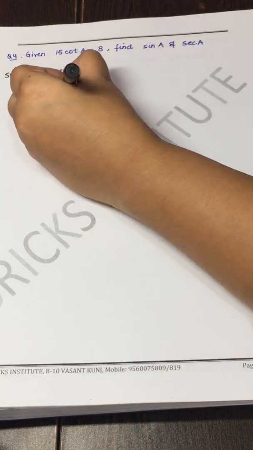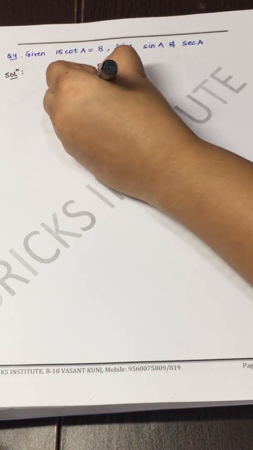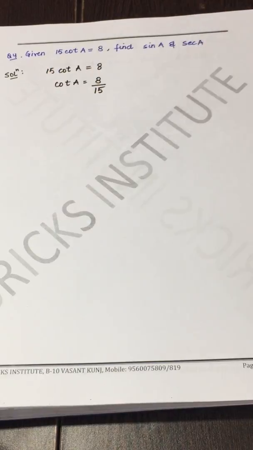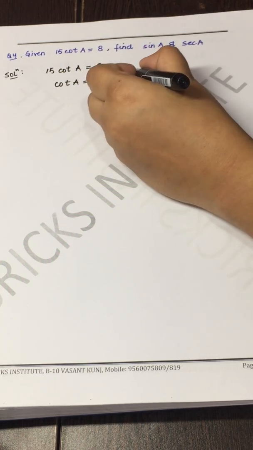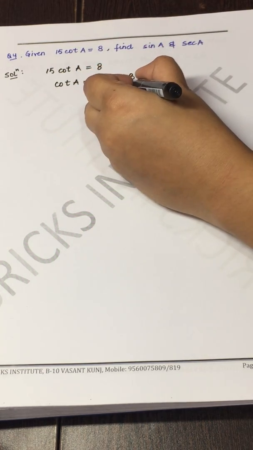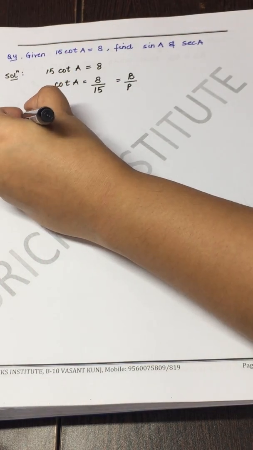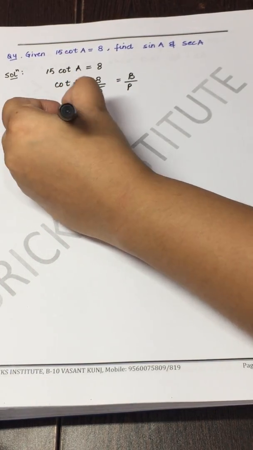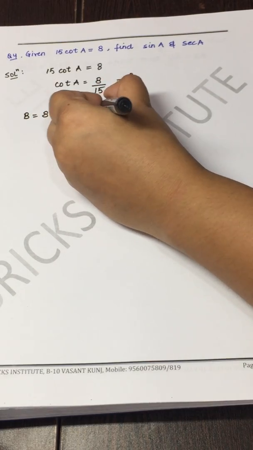We can write cot A is equal to 8 upon 15. Now it is similar to the question we have done earlier, question number 3. So this is your B and this is your P. So B is equal to 8K, P is equal to 15K.